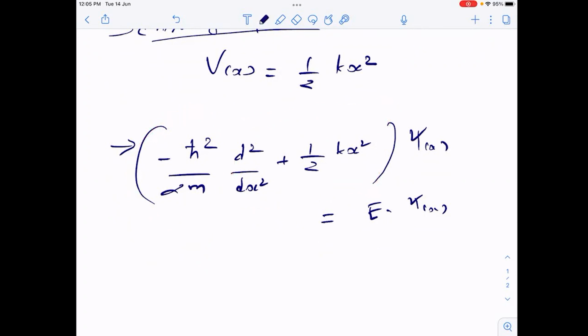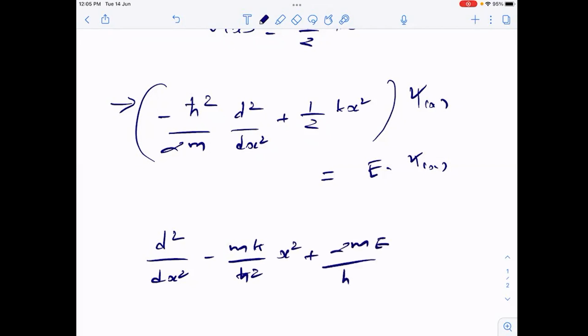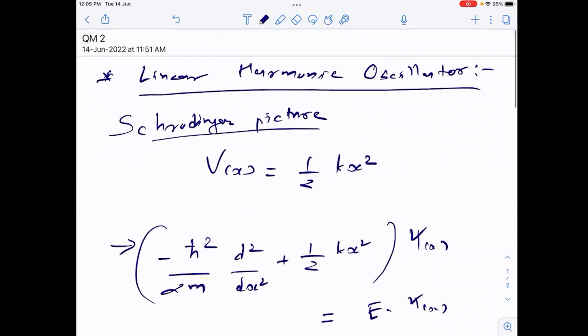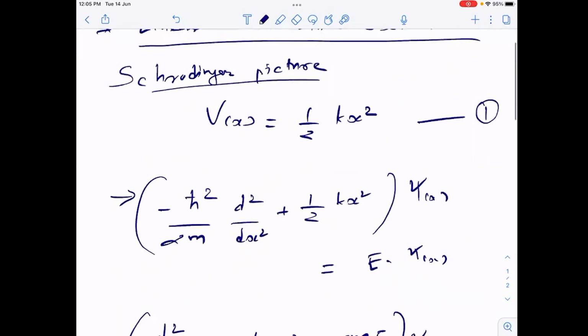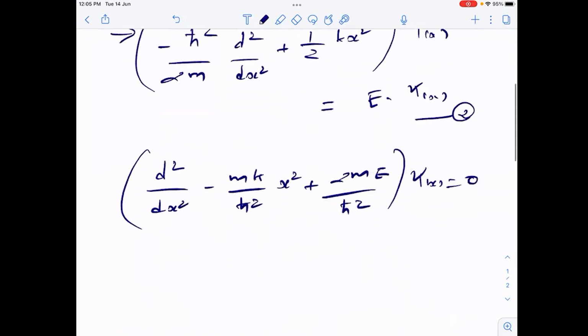And that will turn out to be d square psi by dx square minus mk upon h cut square x square plus 2mE upon h cut square psi of x is equal to 0. If we keep on giving the equations some numbers, we don't have any confusion. So let's call this 1, this is 2, and this is 3.